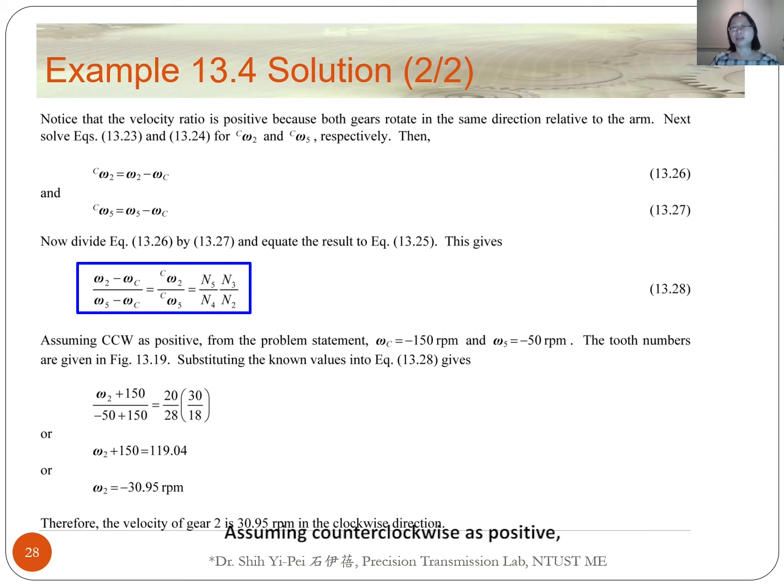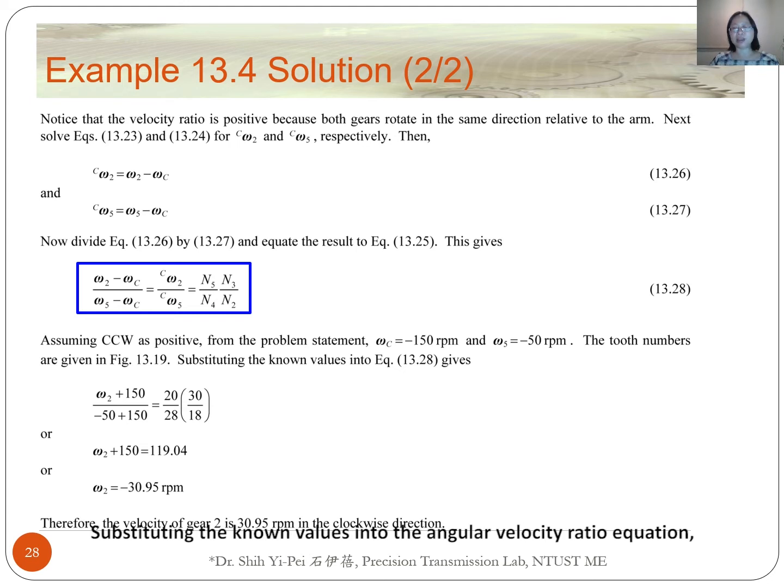Assuming counterclockwise as positive, from the problem statement, the angular velocity omega c is equal to minus 150 rpm, and omega 5 is equal to minus 15 rpm. The teeth numbers are given in the figure.